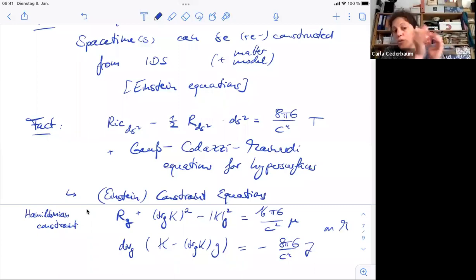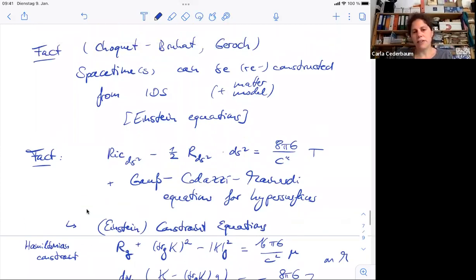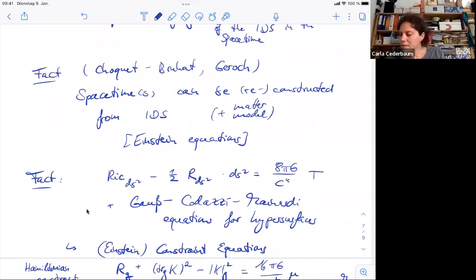You know, a similar phenomenon from electromagnetism, where you can't just use any initial data, but your initial data have to satisfy certain constraints. And this is the case here as well. And of course, this first fact about the construction of the spacetime is only true provided the constraints are satisfied.